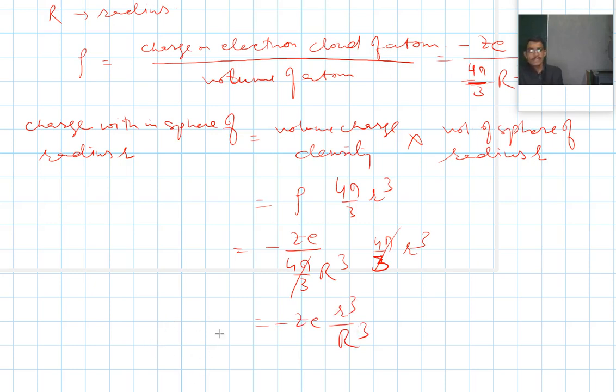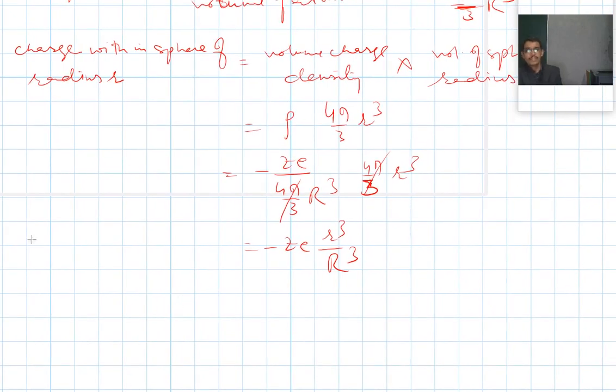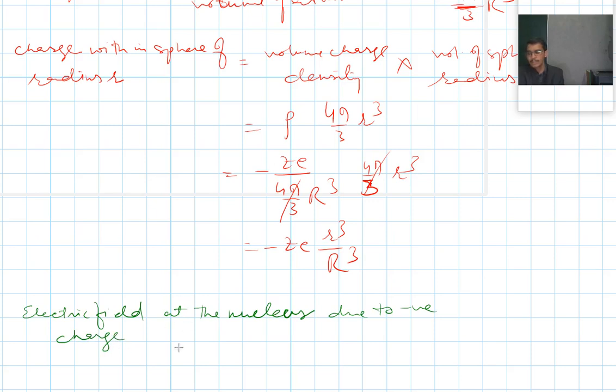Now the electric field at the nucleus due to the negative charge is equal to E, and it is minus Ze r cube over capital R cube, and it is 1 over 4 pi epsilon naught r square.